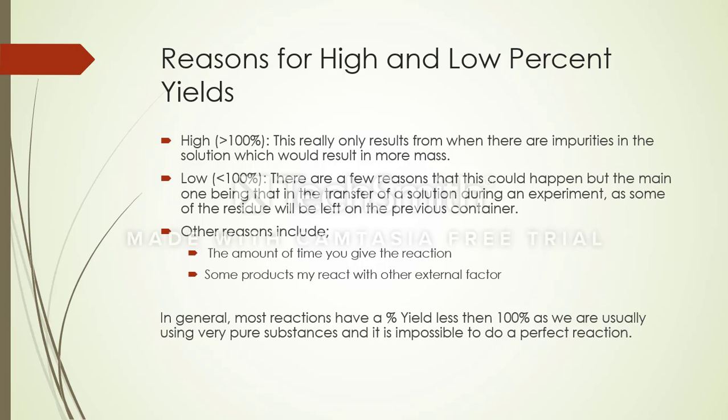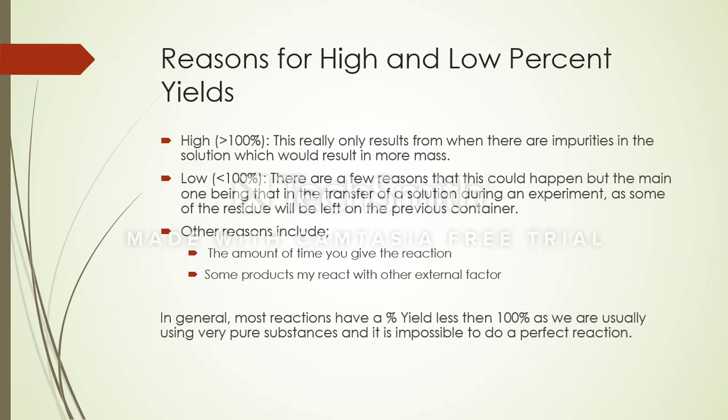This means either the molar ratio in the solution is not representative of what it actually is, or maybe there is another substance in the solution that you did not account for, which could give you a higher mass. But more likely than not, you will get a lower than 100% percent yield.